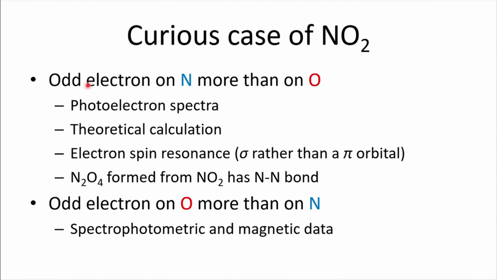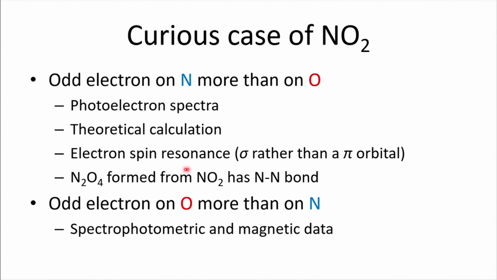For example, experimental evidence supports the odd electron being on nitrogen rather than on oxygen. Photoelectron spectroscopy shows that the odd electron is present on nitrogen and not on oxygen, and theoretical calculation also predicts the same.